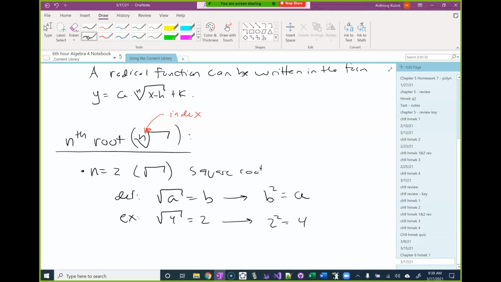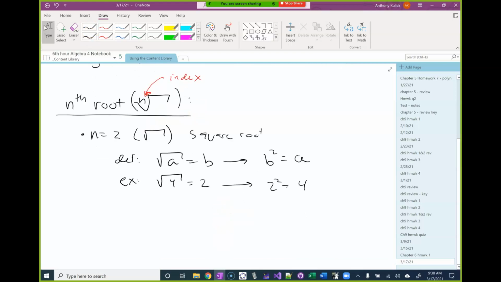We don't bother to write the 1 in front of a variable. We don't write 1x, we just say x. We don't put the 1 in an exponent. We don't say 2 to the first, we just say 2. The same kind of thing here. We don't bother to put the index of 2 in with our square root. We just write the symbol and understand that if there's nothing there, we're talking about a square root. Everybody's okay with that idea?